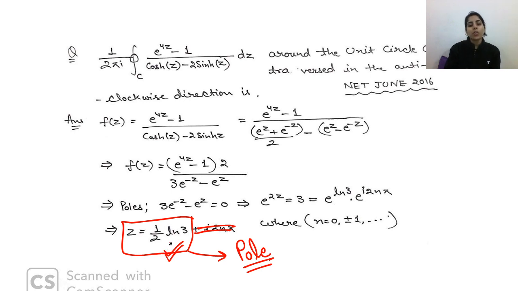Clear? But your unit circle is a circle. If I draw it here, it will be of this kind. The origin is the center of the circle and the radius is 1 unit. Clear? And this value will be less than 1. So that's why it exists within the contour, and we will find the residue at this pole, at this value of z.